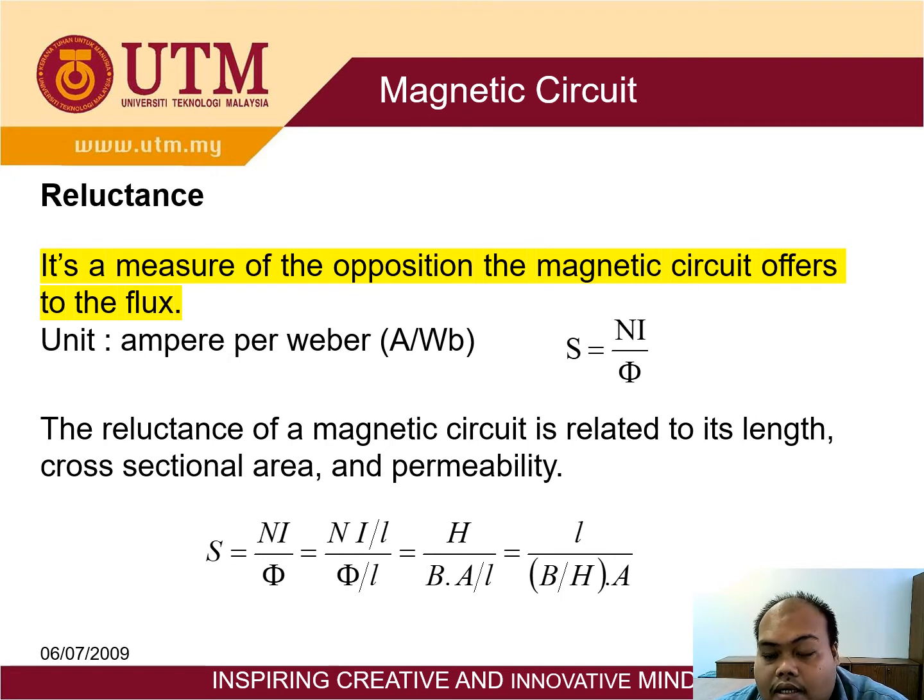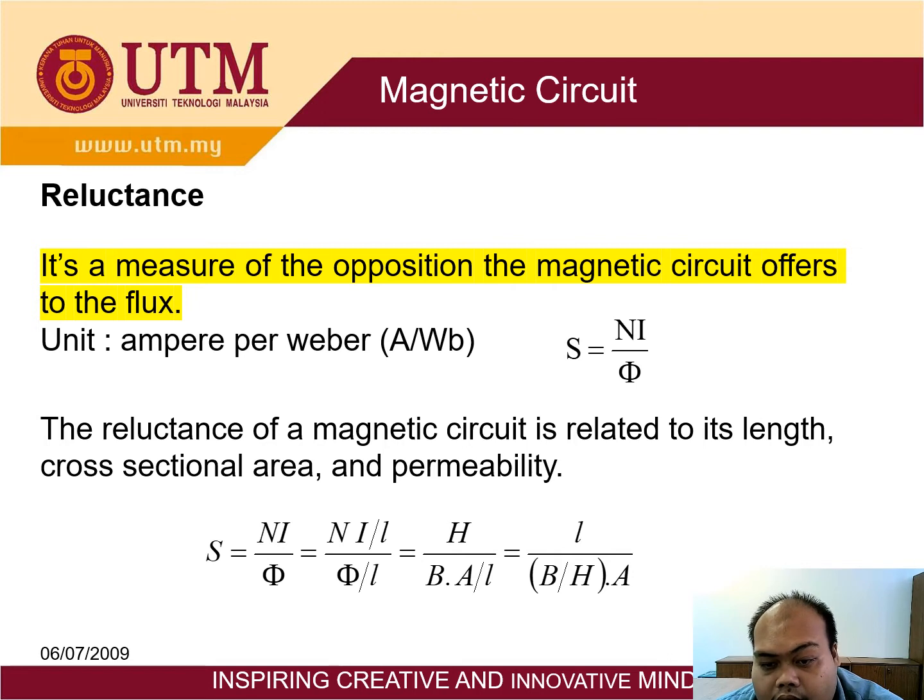So S equals F divided by flux. Remember that for a resistor R, N I is the magnetomotive force, basically like a voltage, and flux is like a current. So basically this is like Ohm's law. Memorize this.